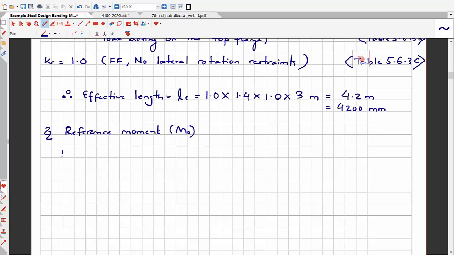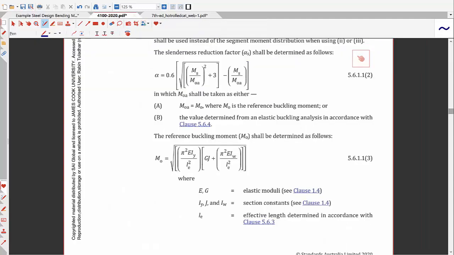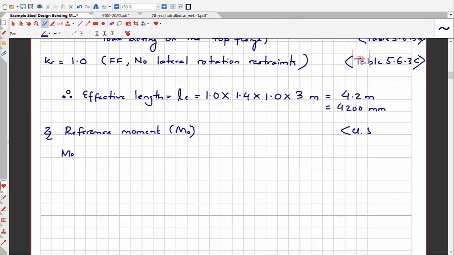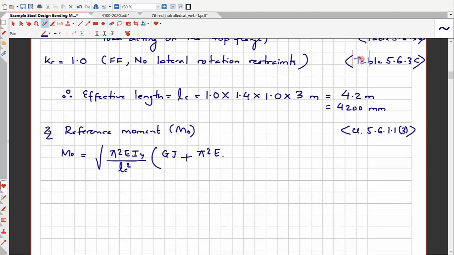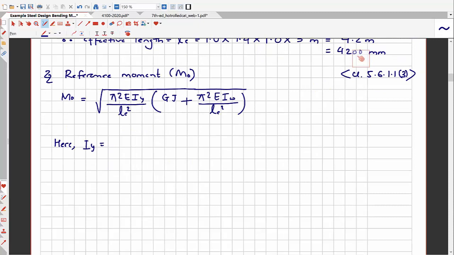Reference moment M naught is again given in AS4100. If you look into AS4100 here, clause 5.6.1.1 gives us the reference moment equation. The parameters that we need in this equation are Iy, which is the moment of inertia about the y-axis, which we can obtain from the OneSteel table.